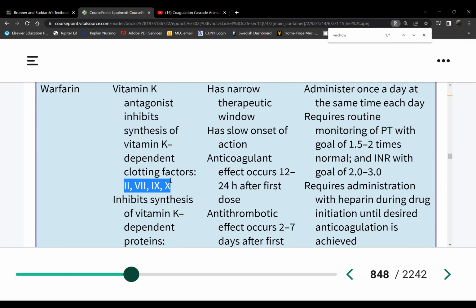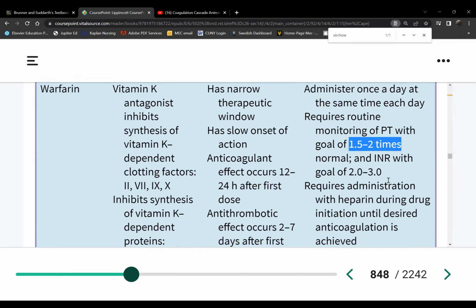So therefore, will warfarin work today? No. We will have to wait until my body gets rid of the existing clotting factors already in my plasma. So this will take days before we reach an INR of 1.5 to 2 times the normal.